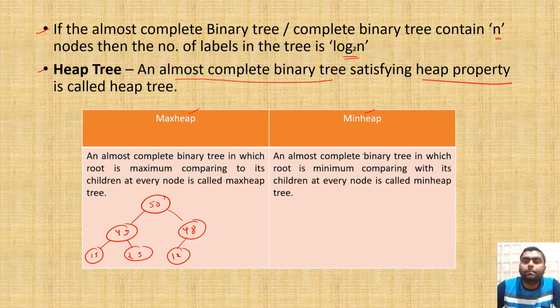Similarly, min heap. A min heap is also an almost complete binary tree in which the root is minimum as compared to its children at each and every node.